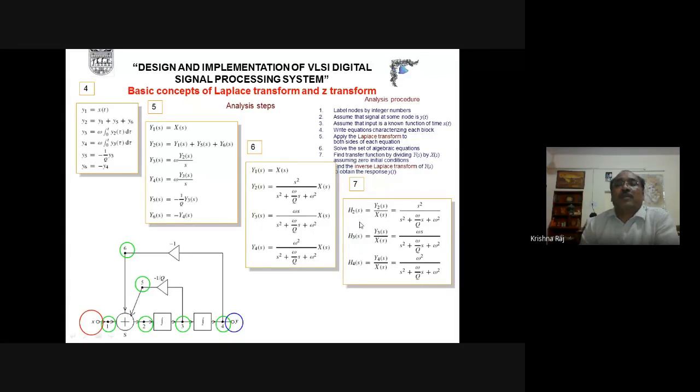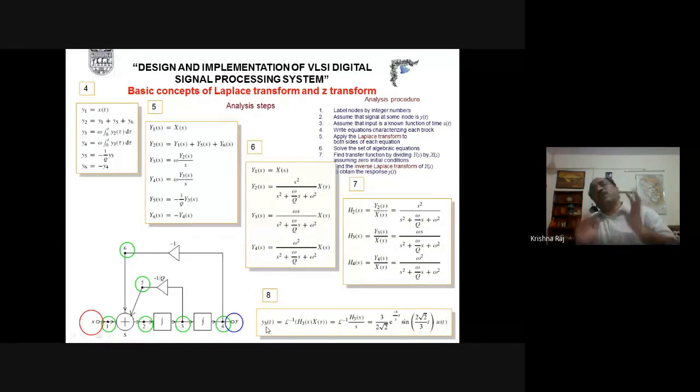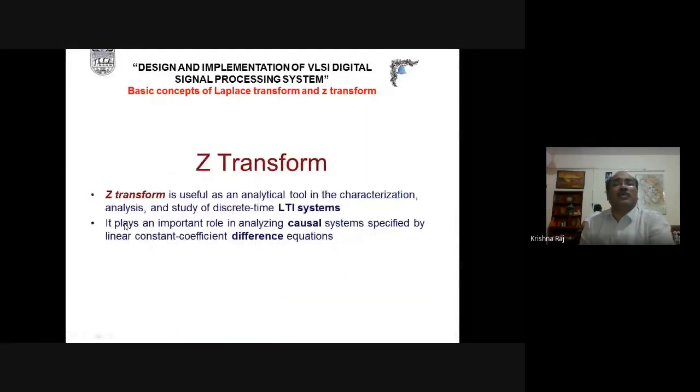Here we will get H2(s), H3(s), H4(s), and this is the final response, Y(s). Y(s) will be H3(s) multiplied by X(s), and its inverse Laplace transform will give y(t). So this is the principle which we generally adopt in order to solve our mathematical model when the mathematical model is in differential equation form.